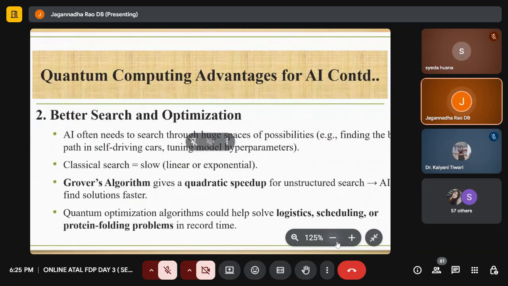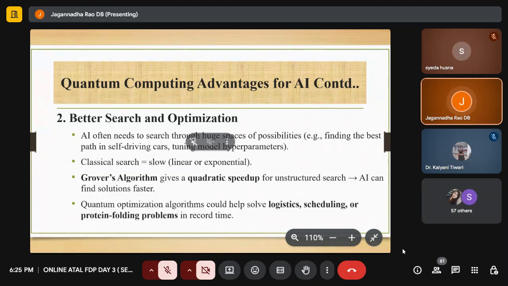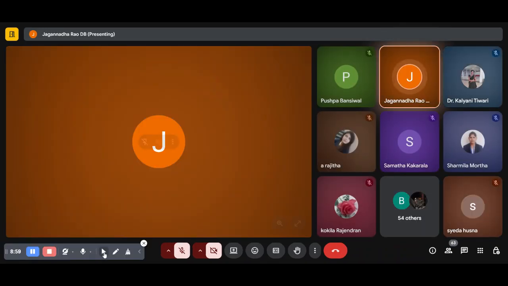Next one is better search and optimization. That is what we discussed about the Shor and Grover algorithms. AI often needs to search through huge spaces of possibilities, for example finding the best path in self-driving cars and tuning model hyperparameters. Classical search is old fashioned, a very slow linear or exponential search.